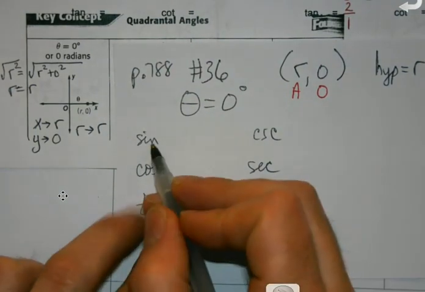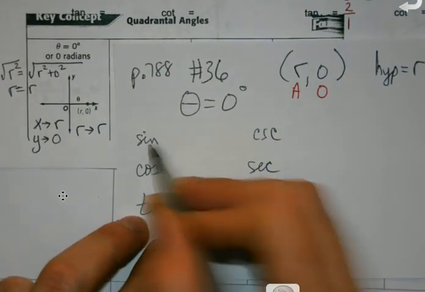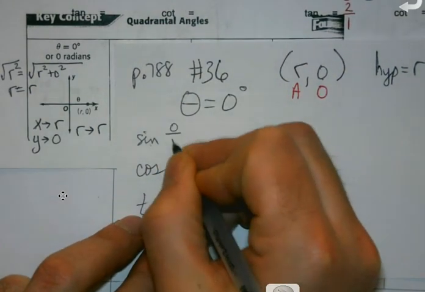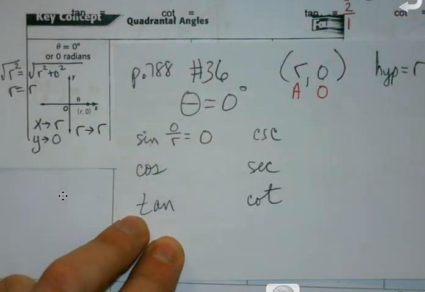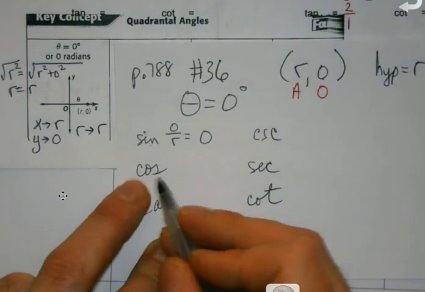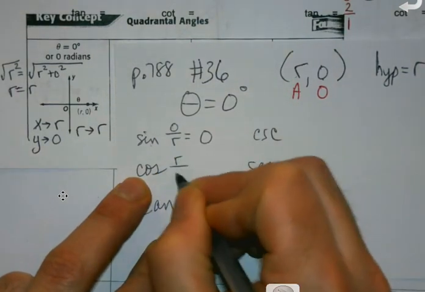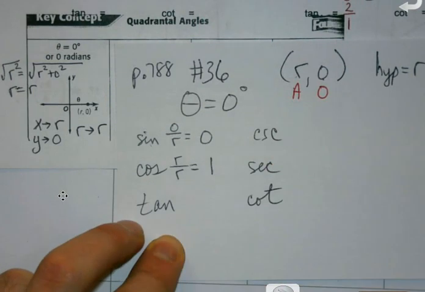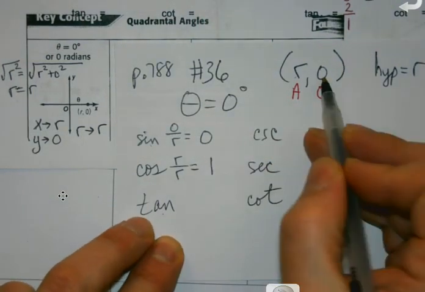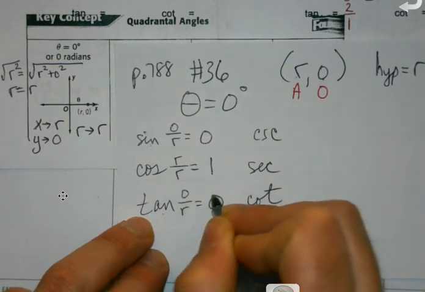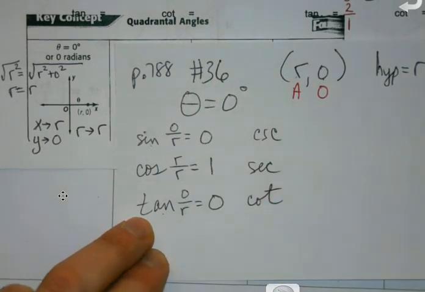So if I start rolling these now, sine is opposite over hypotenuse. 0 over r is 0. Cosine is adjacent over hypotenuse. Anything divided by itself is 1. And tangent is opposite over adjacent. 0 divided by anything is 0.